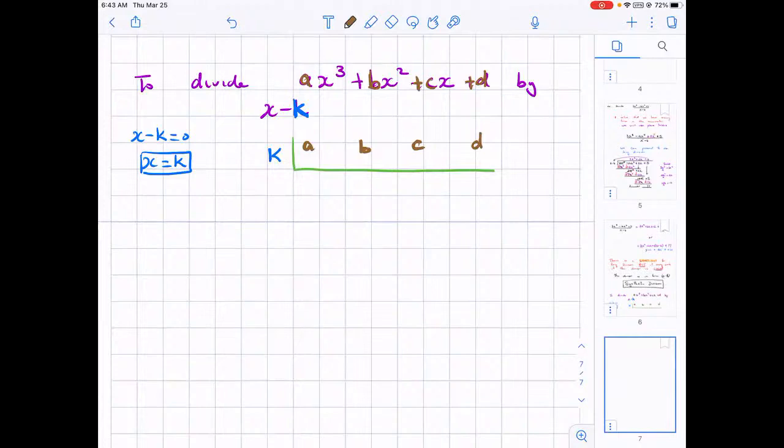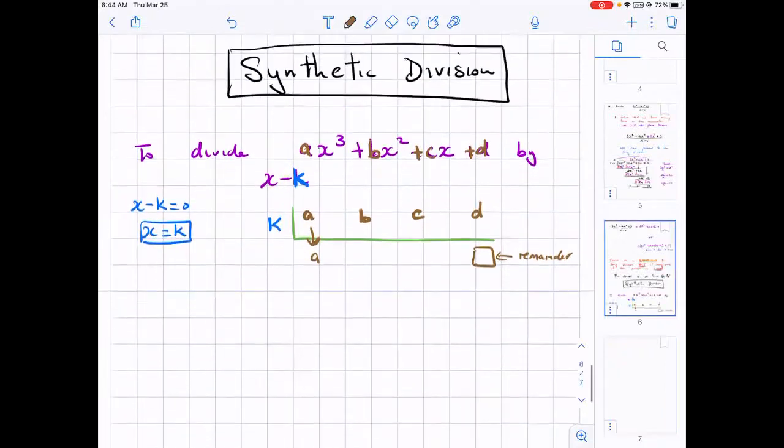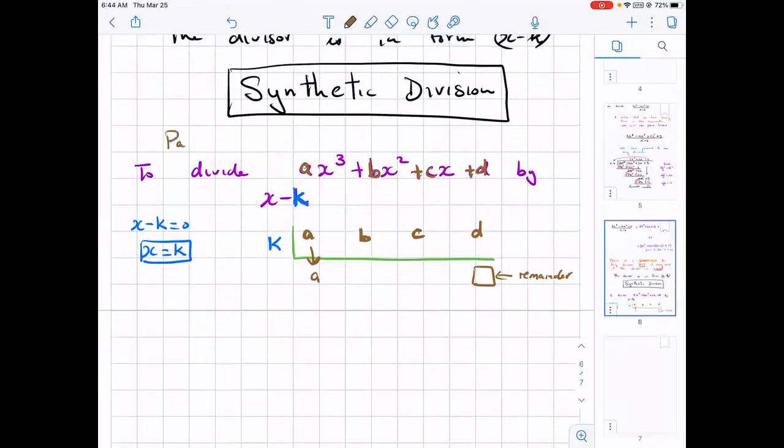And we start out by bringing down the a. Whatever is left over here is your remainder. So this is the pattern we'll use. It may look confusing, but it's not. You will see in a minute that it's not very confusing at all.